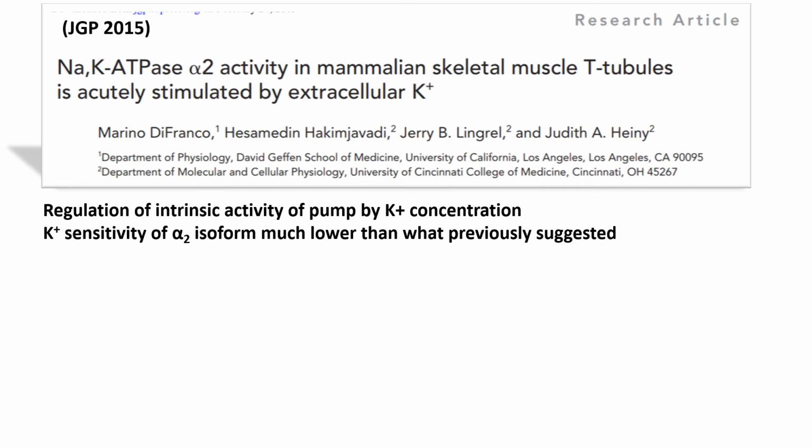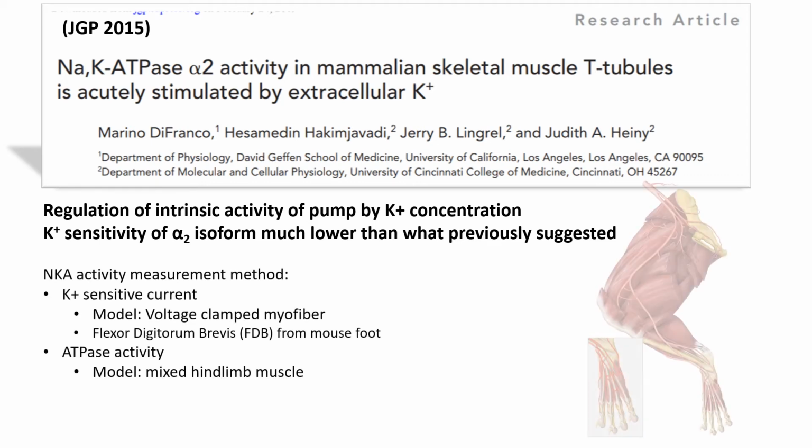In our 2015 JGP paper, we studied how pump concentration regulates the intrinsic activity of pump isoforms, and we demonstrated that the potassium sensitivity of the alpha-2 isoform is much less than what was previously suggested. In this paper, we measured pump activity by two methods.